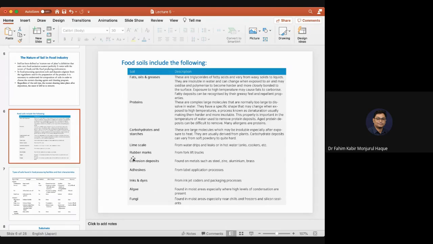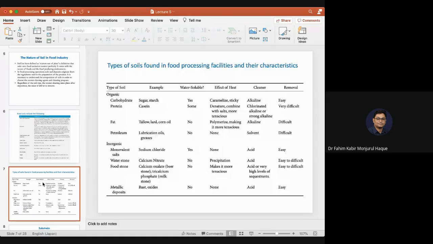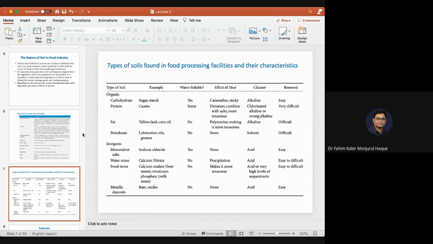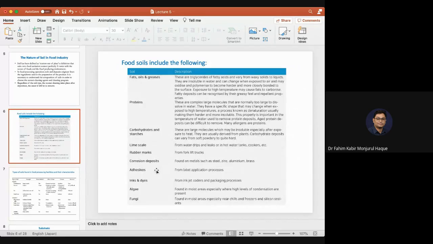This slide is kind of similar, but it has some more. In this slide, it doesn't contain everything. Like this slide, you will get some additional things. For example, adhesives. Adhesives are not in here, but adhesive can be a problem because usually everything comes taped, right? Everything is attached with some type of tag, and those contain adhesives.